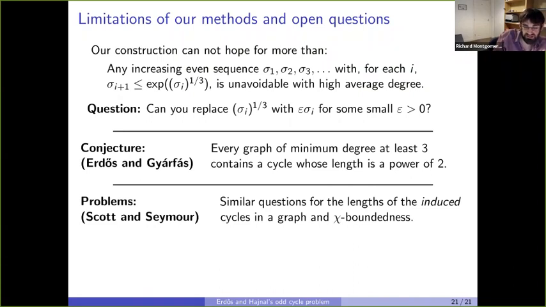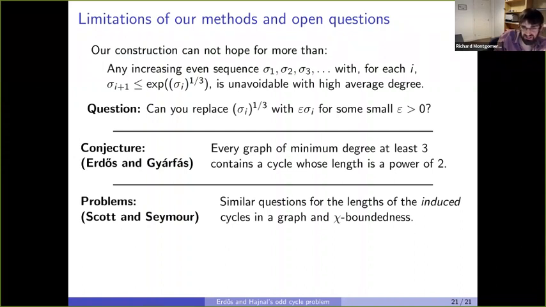And then I'll mention there's a whole sort of swathe of similar questions that you could ask if you're interested in the length of induced cycles in a graph instead of just the cycles, so the holes in a graph. These are all from a paper of Scott and Seymour on chi-boundedness, so a survey on chi-boundedness.